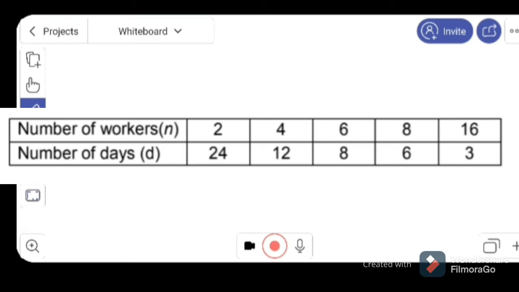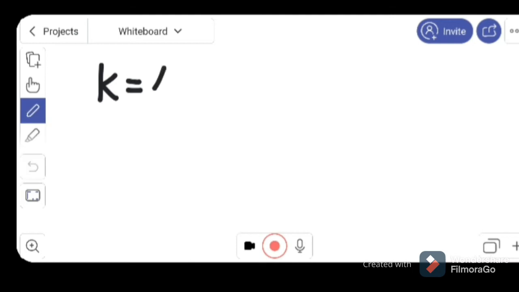So, if 48 is a constant value of the product in our table, then we can say that our constant of variation k is 48.